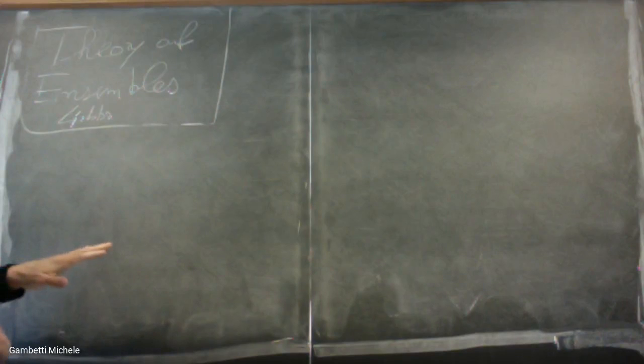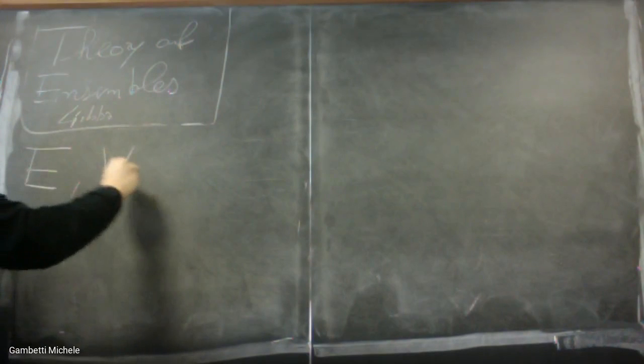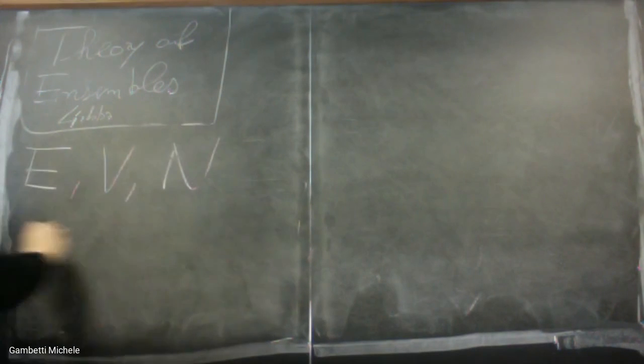Okay, so the idea, since I will introduce first the microcanonical ensemble, is to take a system for which E, V, and N are fixed quantities.